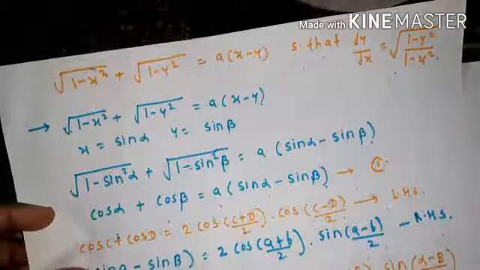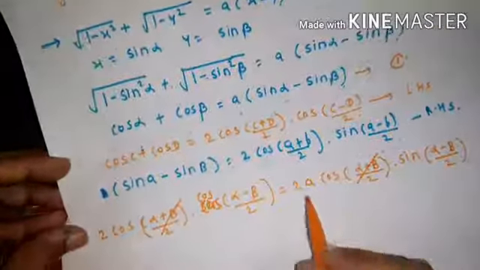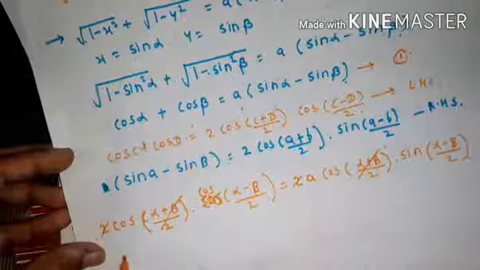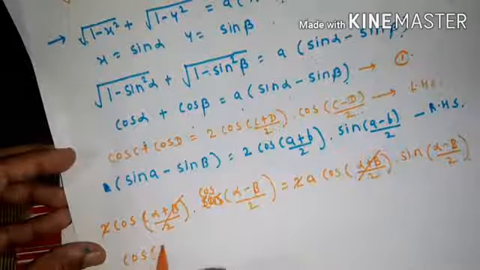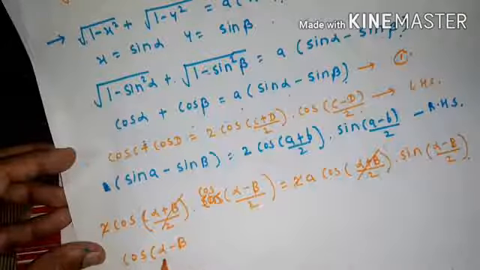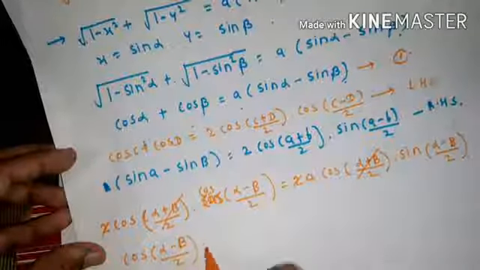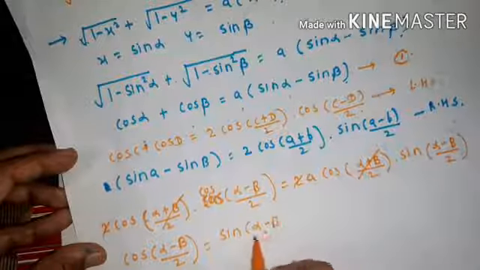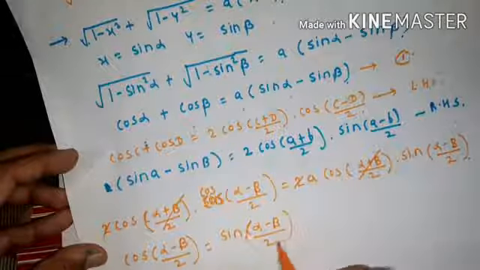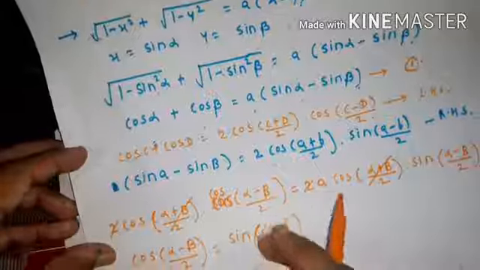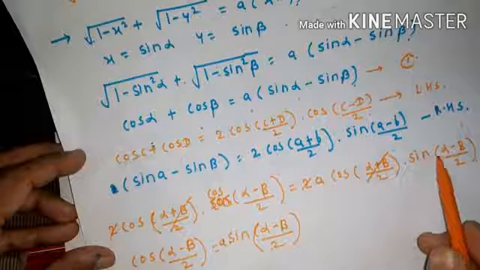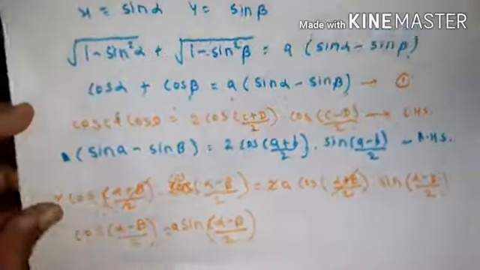So cos of (alpha plus beta) by 2 gets cancelled on both sides, and 2 cancels from both sides, and now we have cos of (alpha minus beta) upon 2 equal to a into sine of (alpha minus beta) upon 2.